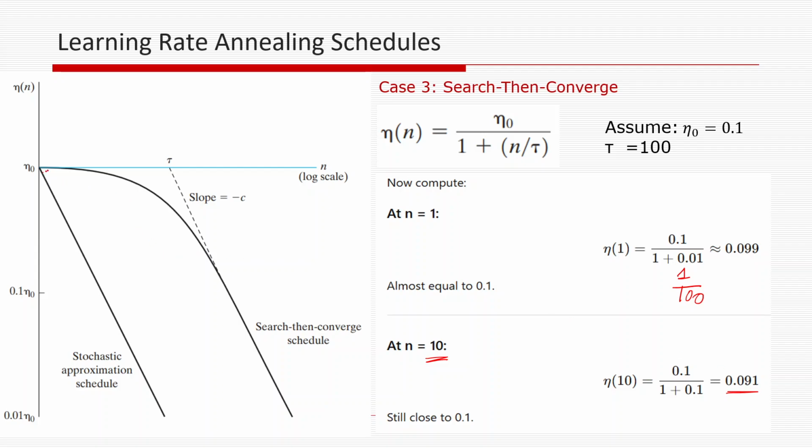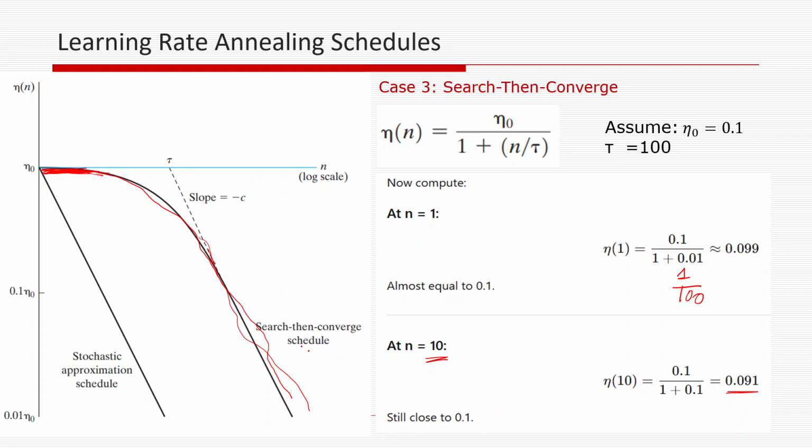You observe this line which is going like a curve here, that is the search then converge schedule. We will start with some value of τ, but at the start it is not going to change drastically. We are searching for the optimal weights in this period, because we are in a learning period at that time. But when n goes beyond τ, it will converge steeply.